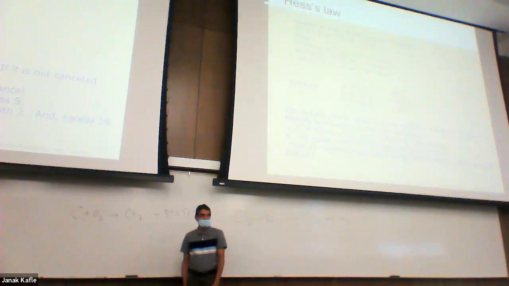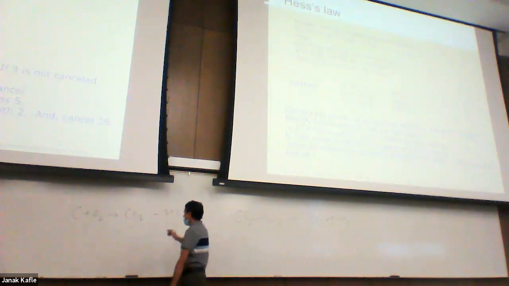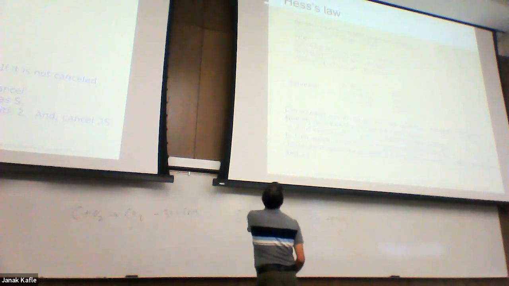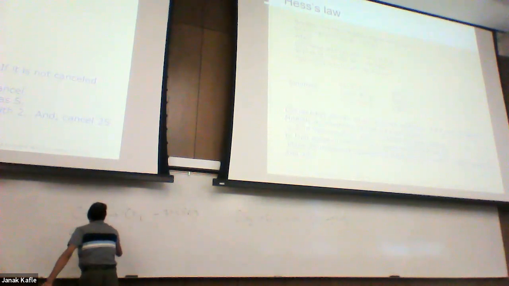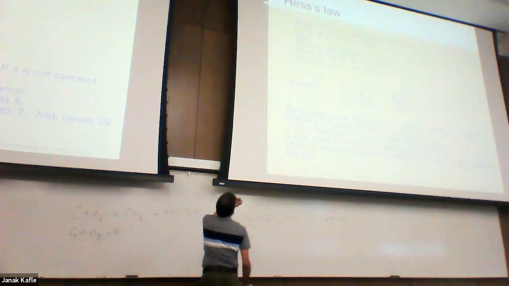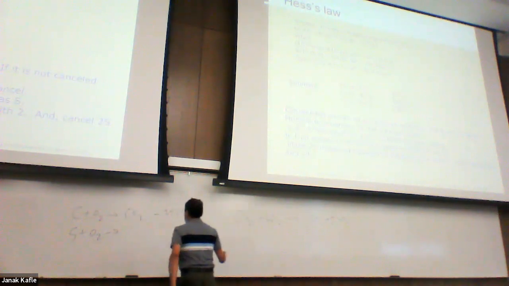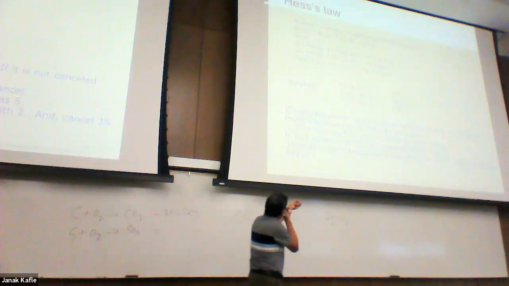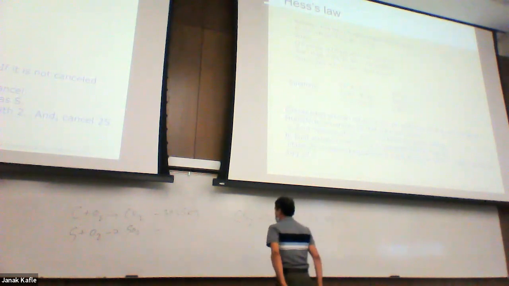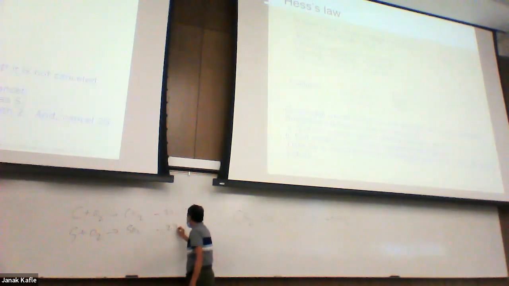That makes sense? So another equation is like this: sulfur. So you did another equation another way. Another reaction: sulfur and oxygen gives sulfur dioxide. And if you do the same thing, how much heat will it give out? So minus 296.8. This minus means heat is coming out from the reaction.